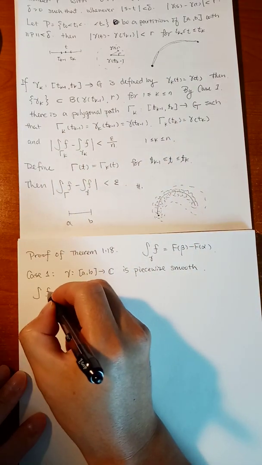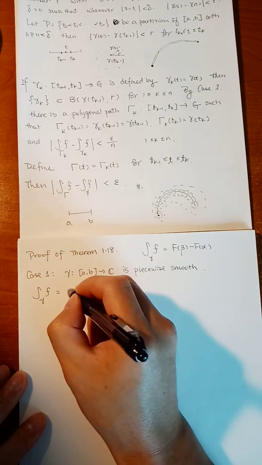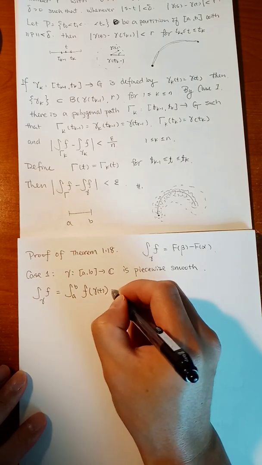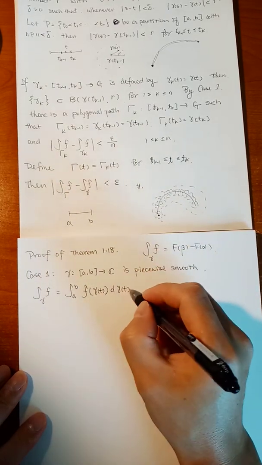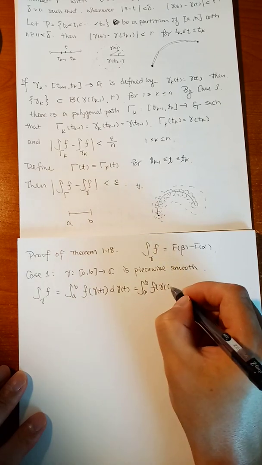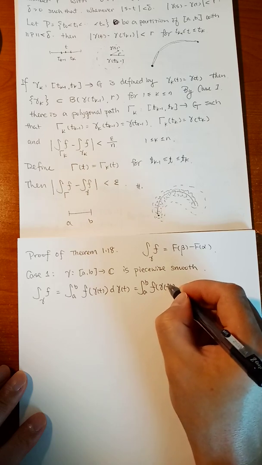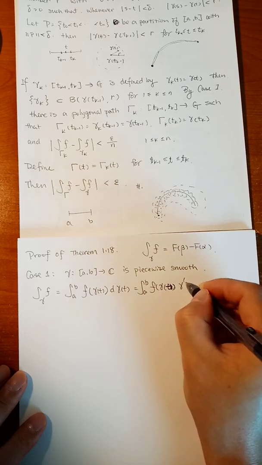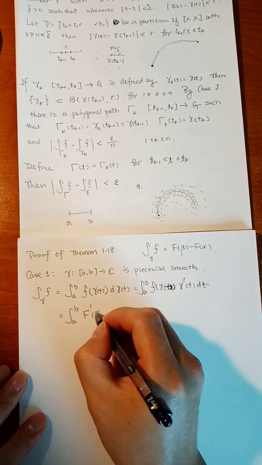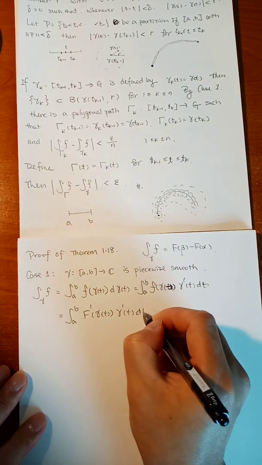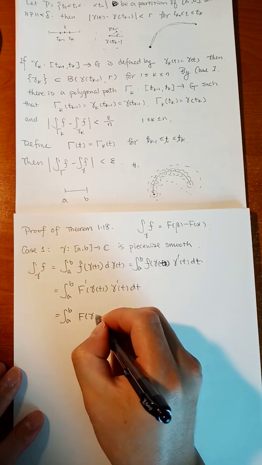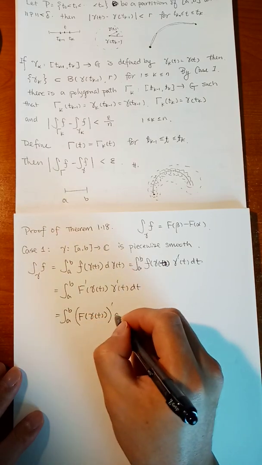Then the integral of f along gamma is equal to the integral from a to b of f(gamma(t)) gamma'(t) dt, and f is F'. So we have F'(gamma(t)) gamma'(t) dt, and by the chain rule, the integral from a to b of (F composed with gamma)'(t) dt.